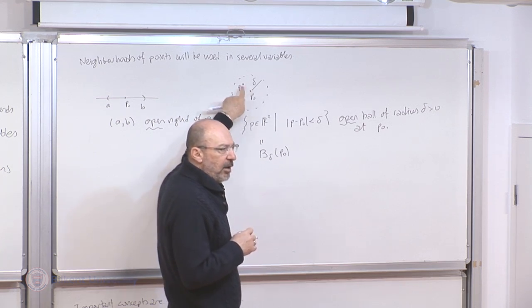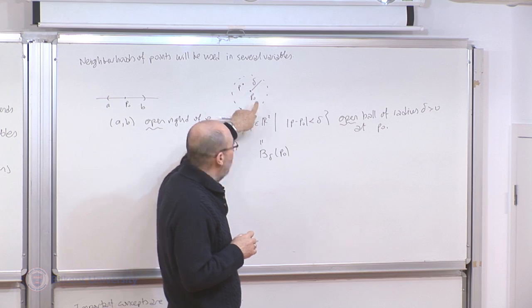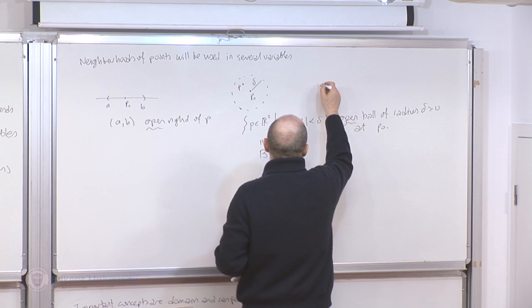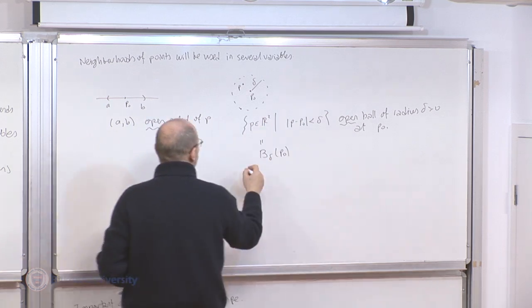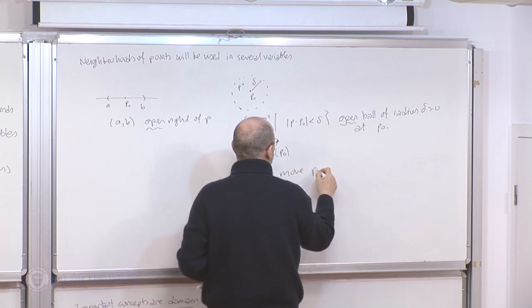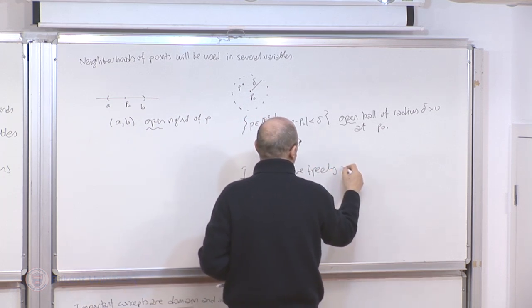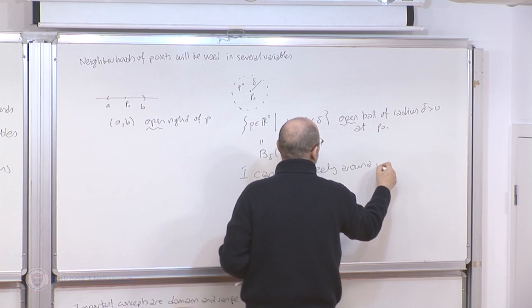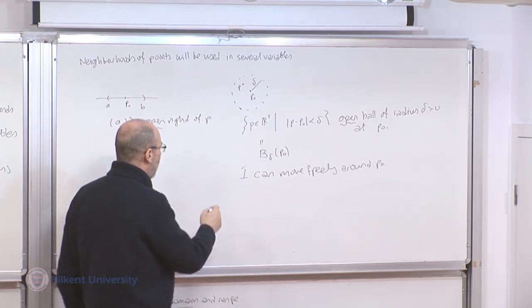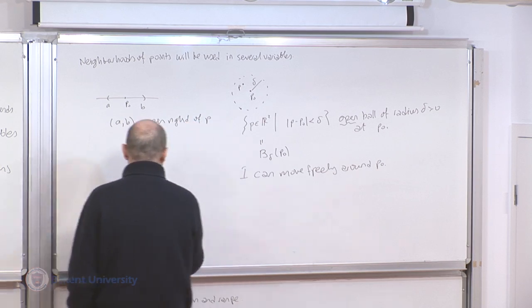I can move in every direction around this. I can take my point in any way around this. Compare it to this one. Okay, so here I can move freely around P sub 0. So I'm now trying to make this concept clear. Okay, what is the other option?